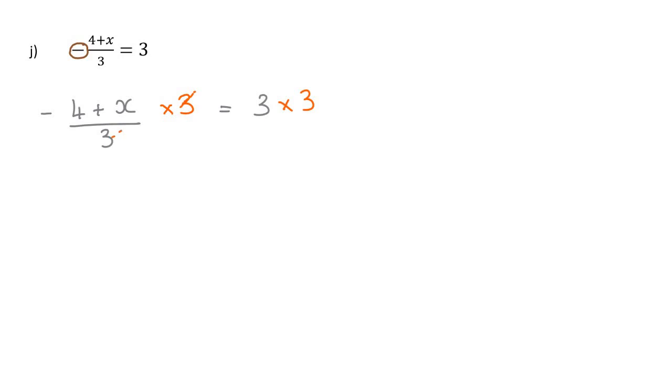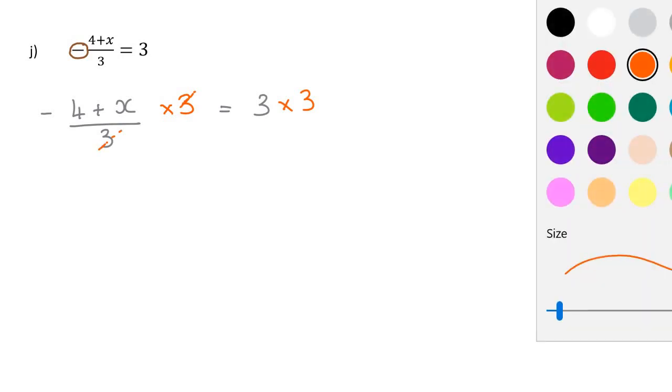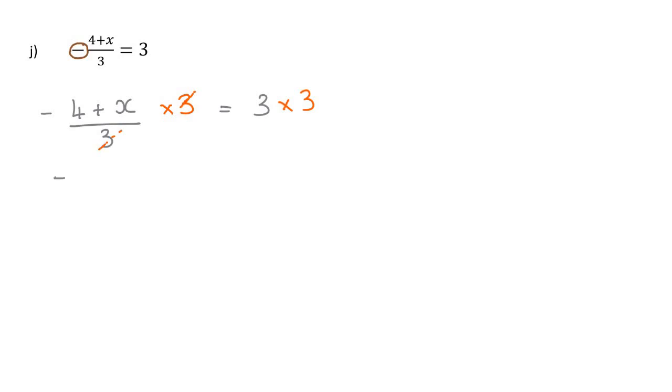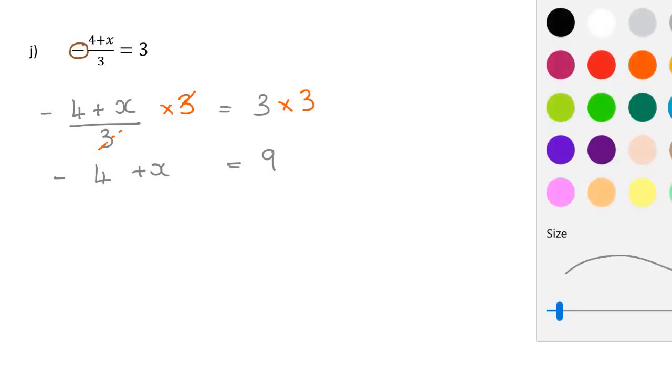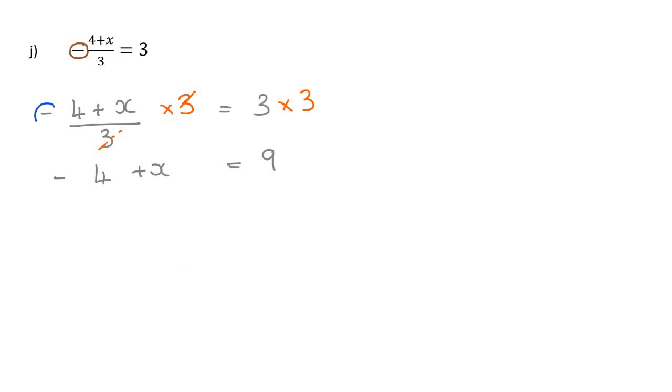My 3's would cancel. And then people would think I have negative 4 plus x equals 9. Now, here's the problem with what I've written down here. This negative belongs to this entire fraction. If I wanted it to just belong to the 4, I would have put it next to the 4. But it's not next to the 4. It belongs to the entire fraction.